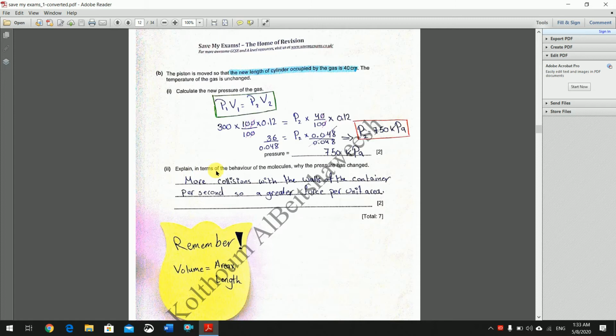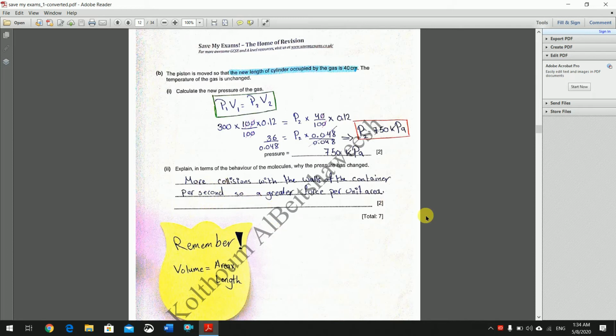Now explain in terms of the behavior of the molecules why the pressure has changed. Why did the pressure change when it was 300 and became 750? When we make the volume less, more collisions with the walls of the container happen per second, which is the force.